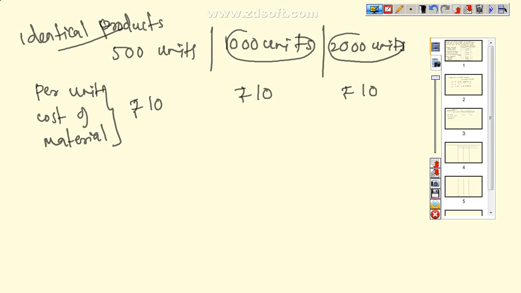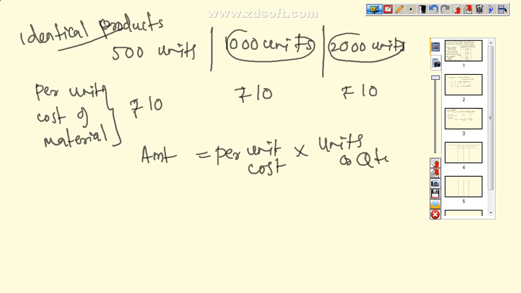So in order to calculate, amount is equal to per unit cost multiplied by units. It is also known as quantity.